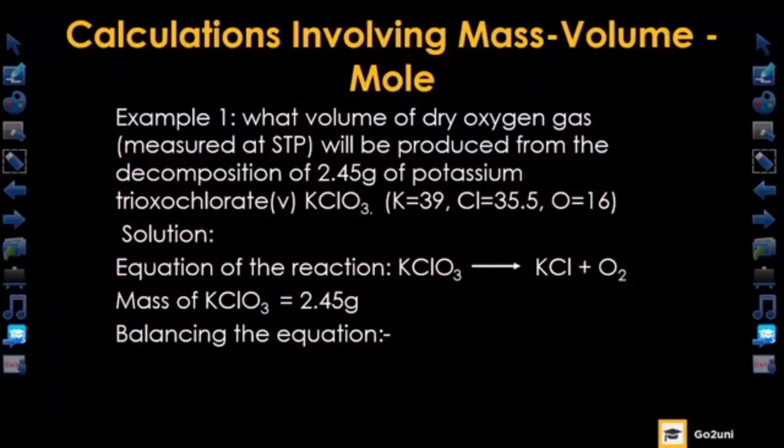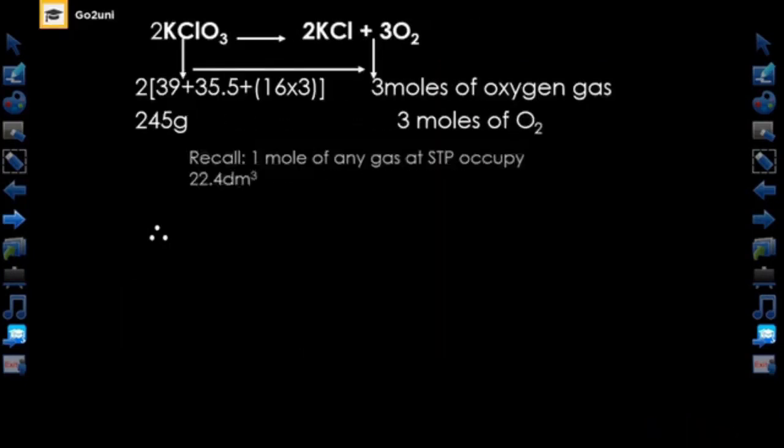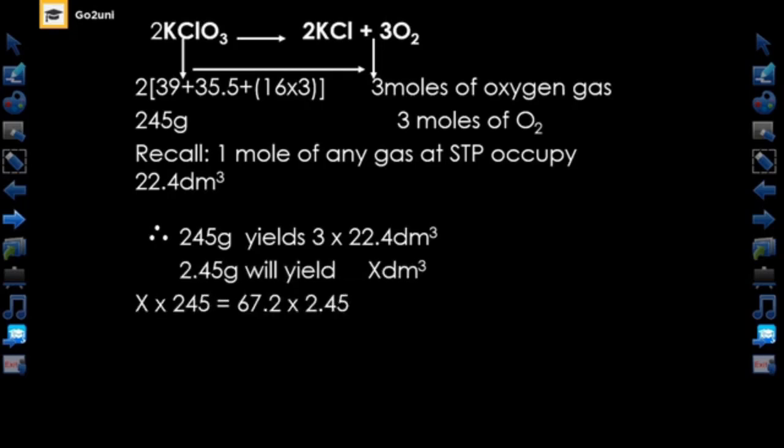So let us take a look at what we just solved. This is actually our answer. Balancing the equation, we have 2 moles of potassium chlorate giving us 3 moles of oxygen gas. And for that reason, we recall that 1 mole of any gas at STP occupies 22.4 dm cube, which is a constant.